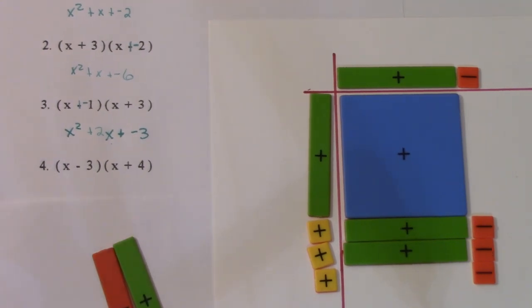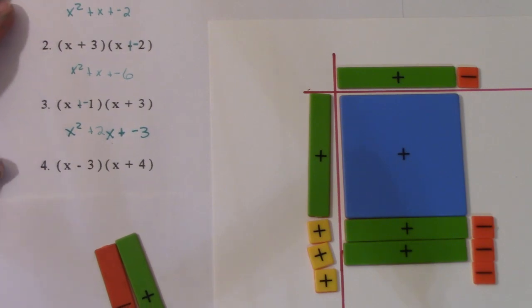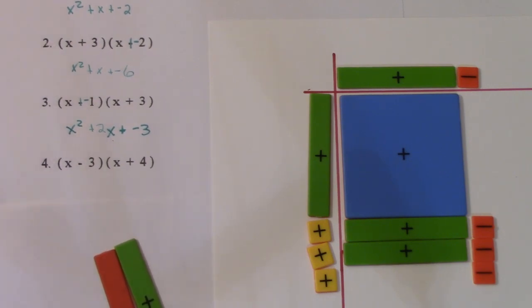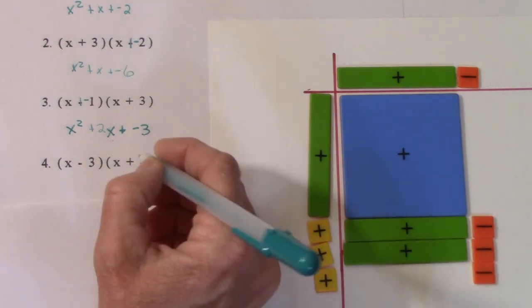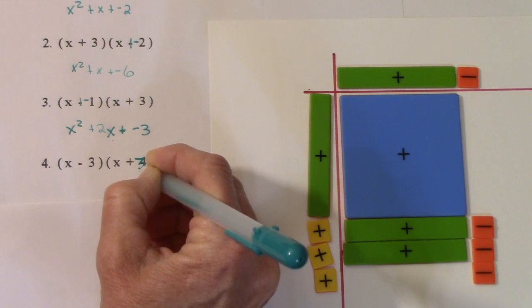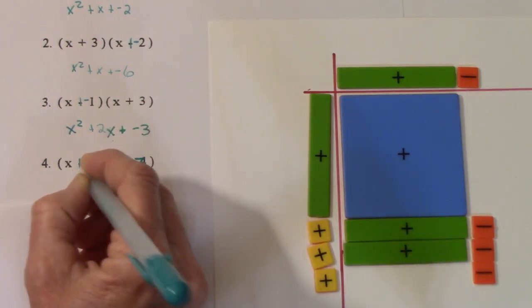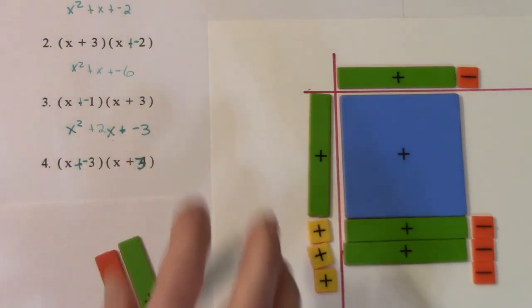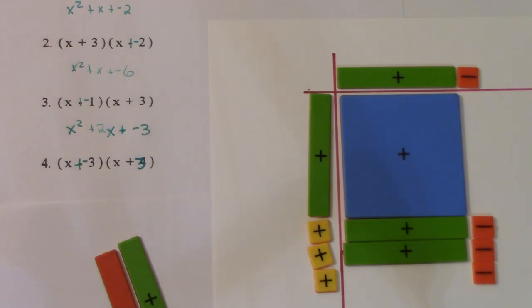Now let's consider, what if it wasn't x minus 3 times x plus 4? What if it was x minus 3 times x plus 3? I'm going to change this to plus a negative. So now I have x plus a -3 times x plus 3.